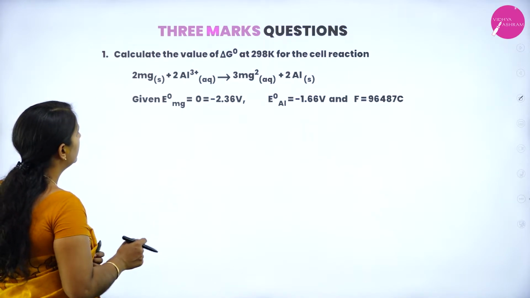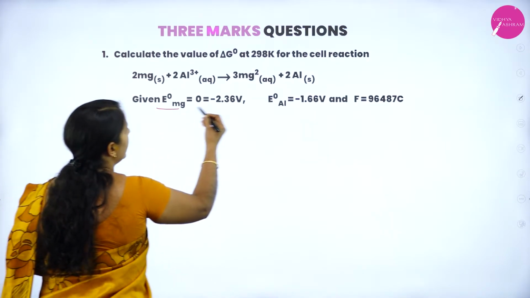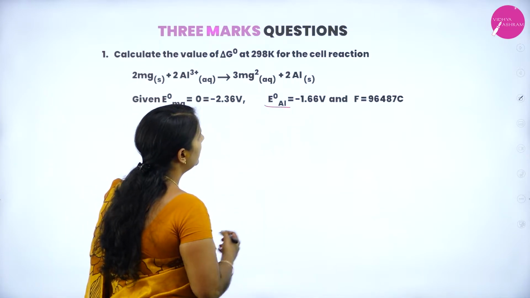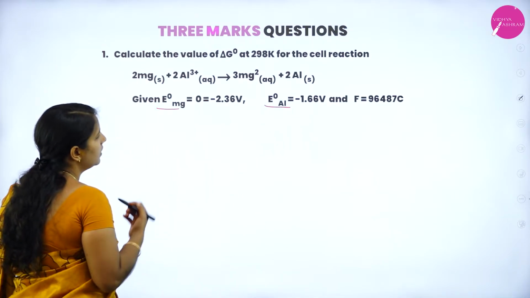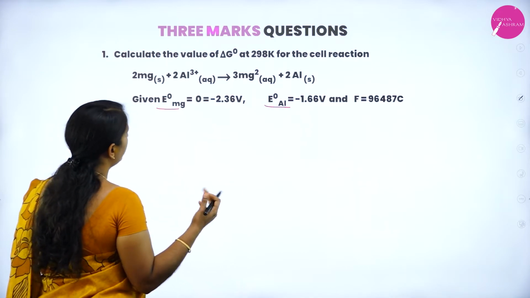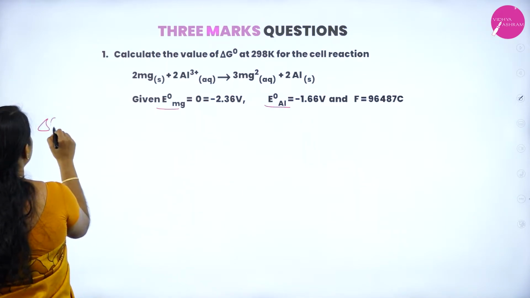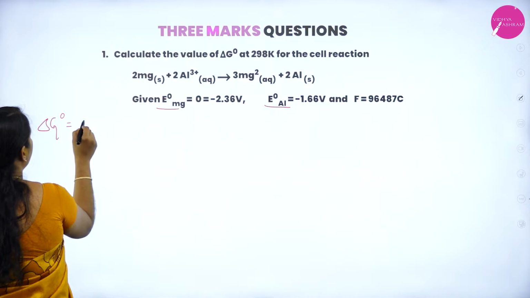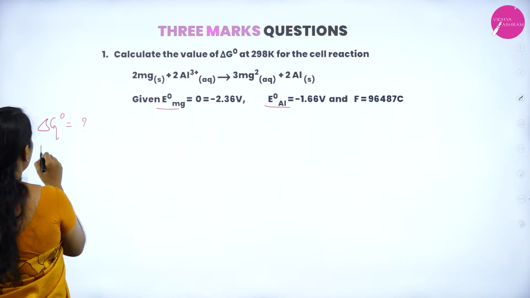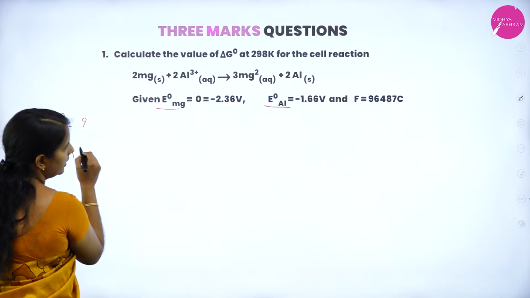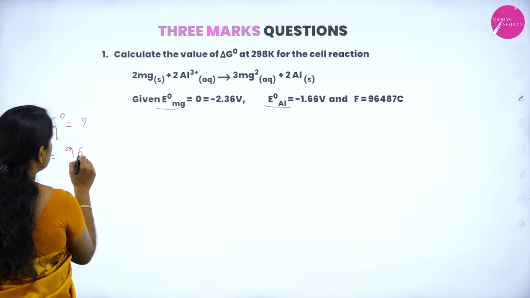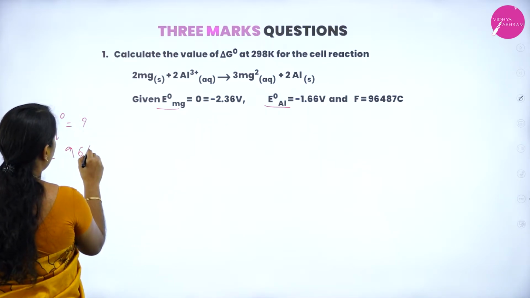Given E0 for Mg and E0 for Al, and they have given Faraday's constant, 96,487. So we have to calculate delta G0, that is the standard free energy change.